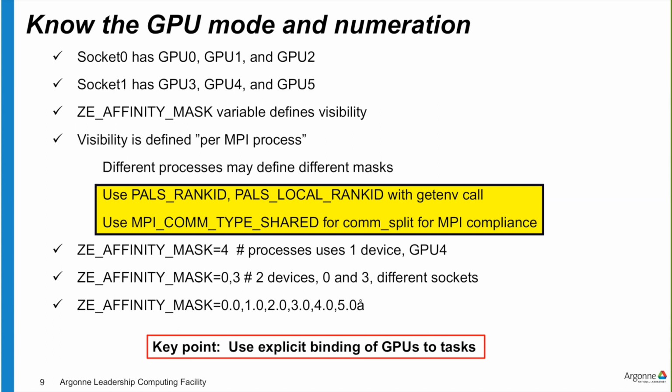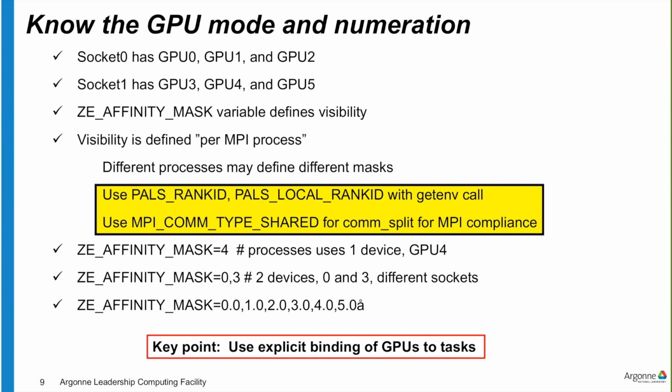The affinity mask should be used only in a situation when you need to change the default enumeration of 0, 1, 2 on socket 0 and 3, 4, and 5 on socket 1. Otherwise, it is beneficial to use the application programming interface, depending on the programming model you've been using, to specify what is a GPU and how you access a GPU.